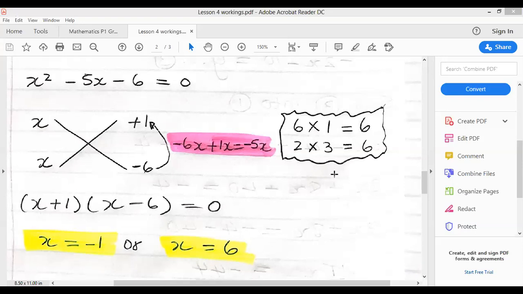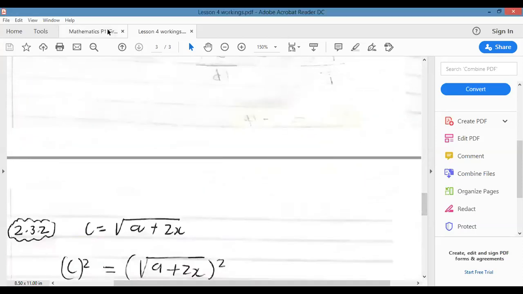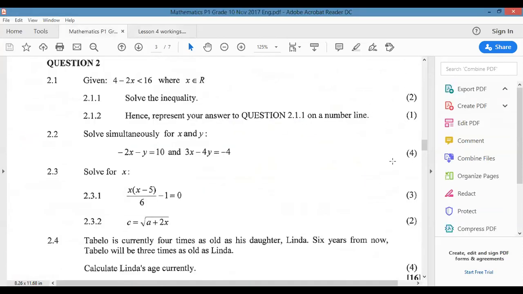Okay, cool. That's perfect. Now let's look at the second one. It now says C is equal to the square root of A plus 2x. So basically here, guys, you must solve for x, but you are given C equals the square root of A plus 2x, which means you must solve for x.